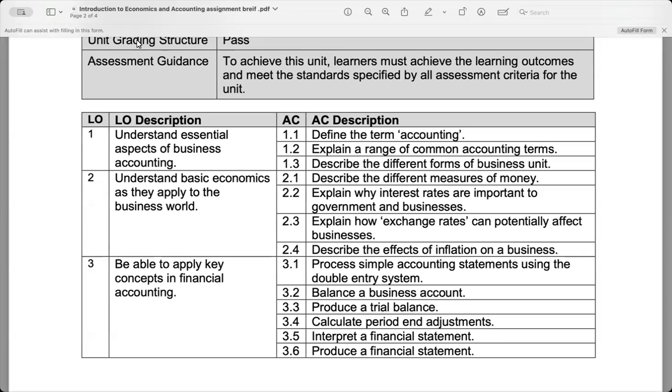Okay, so overall learning outcomes: throughout these three lectures, we gained a comprehensive understanding of both theoretical and practical aspects of economics and accounting. We developed financial analysis skills, learned how to prepare and interpret financial statements, and understood the broader economic factors that impact businesses.